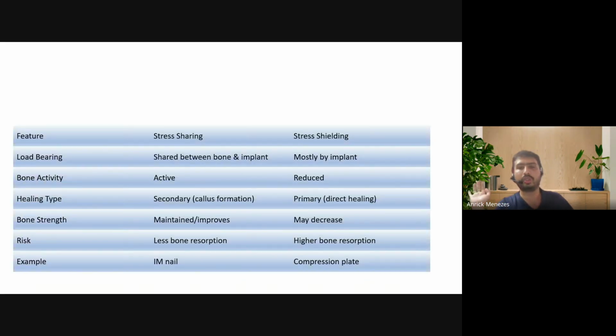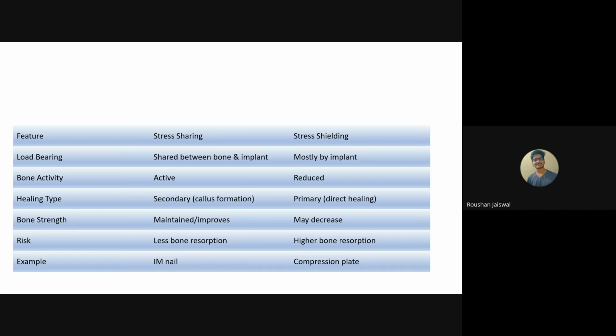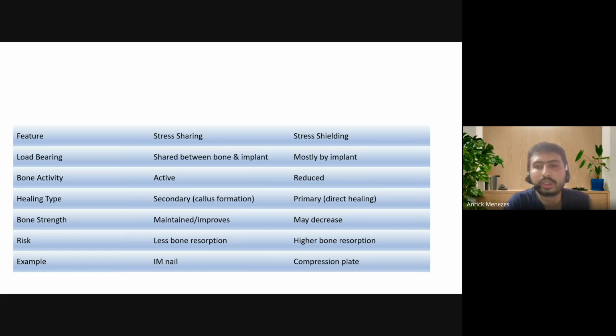So before coming to this definition, if I have a young individual, what kind of device can I put, stress sharing or stress shielding? Stress sharing. Okay, why? Put it in the chat box.